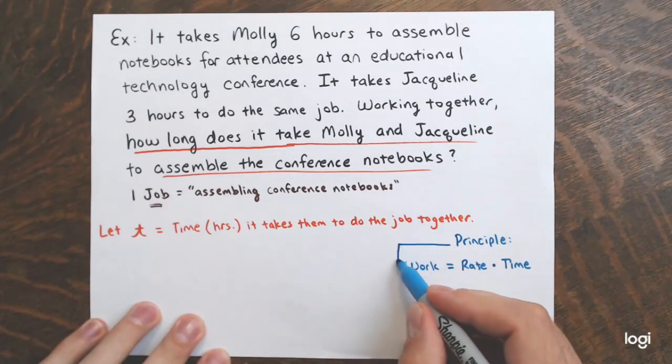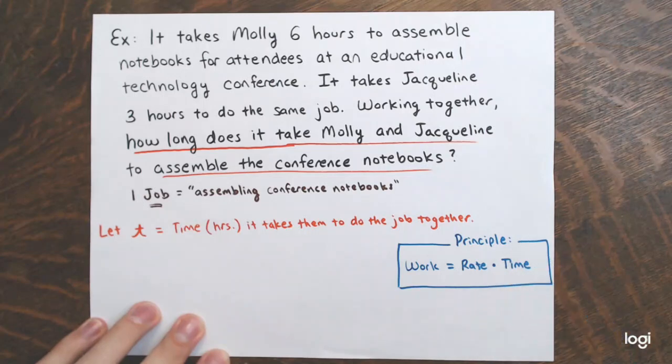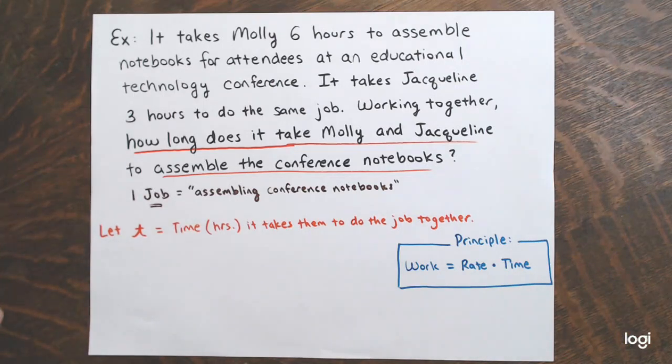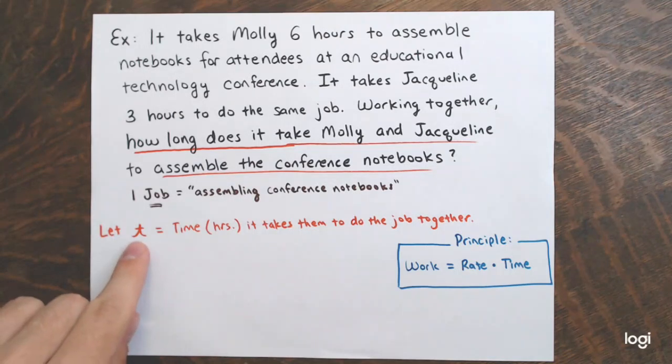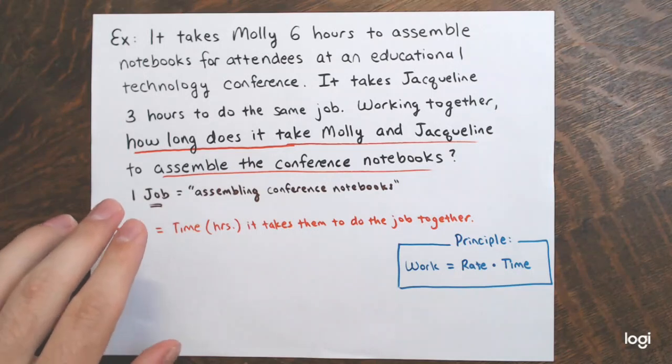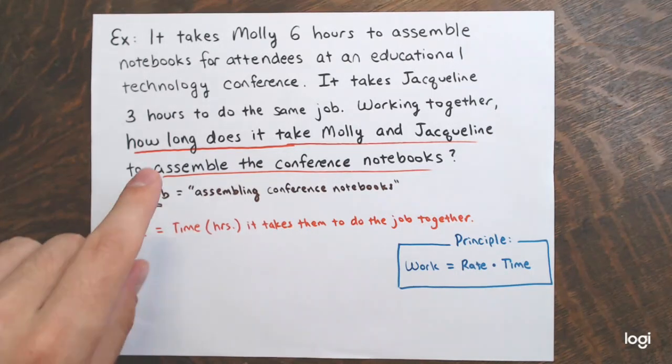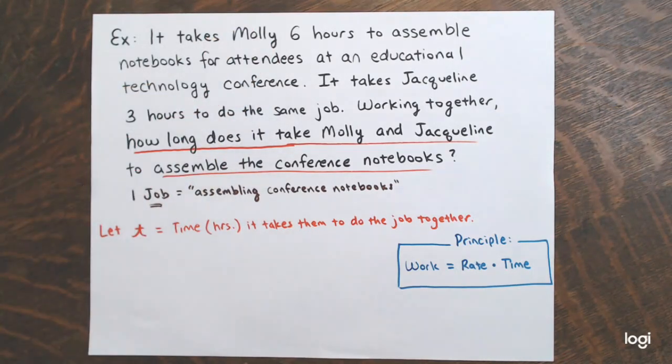Every single thing I do in these examples relies on this principle. I'm trying to find this t, how long it takes them to do the job together, but I only have information about what they do separately. So I'm going to work on a few equations where we work on Molly and Jacqueline separately, using this principle.